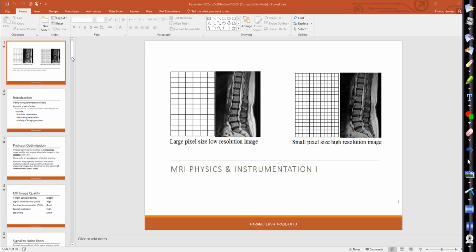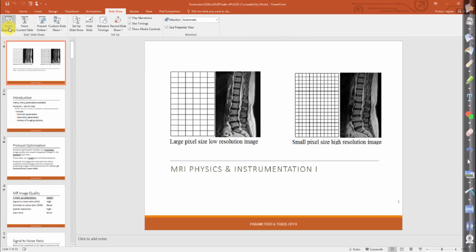Just like in X-ray or CT, we want the best image for the radiologist to read. But we know that's not always possible, depending on the patient's body habitus, or even if they're not able to hold still throughout the entire scan due to being claustrophobic or just in pain. So we have to constantly balance these things, and we have to take into consideration factors, and the main factor being the patient.